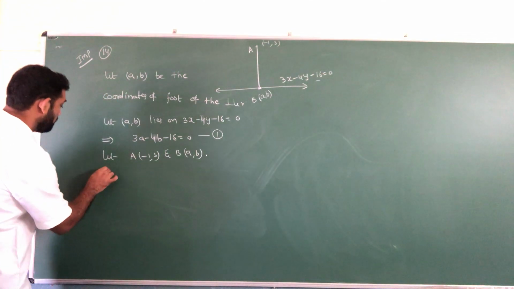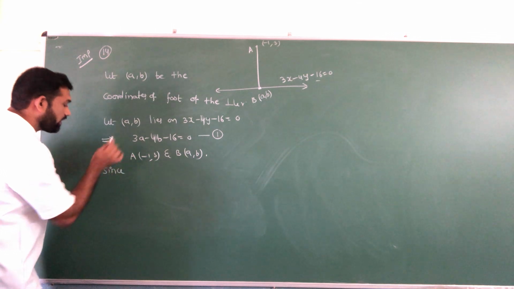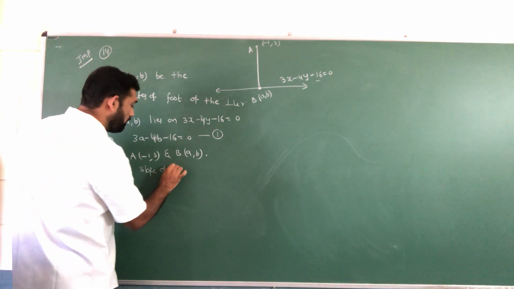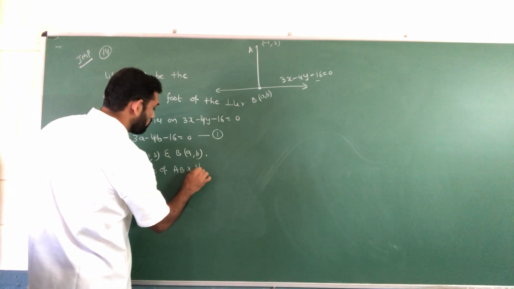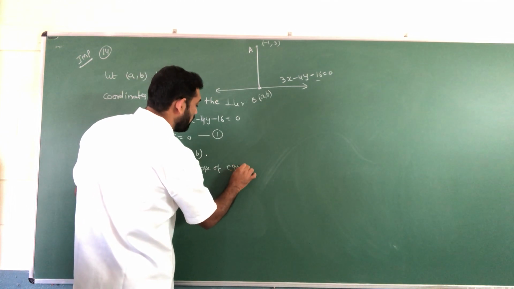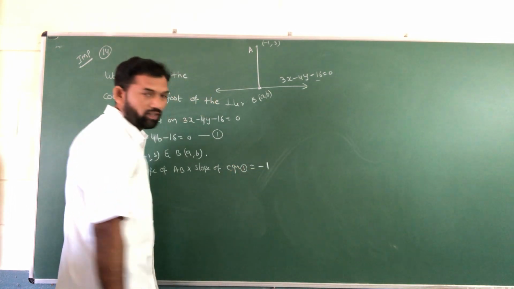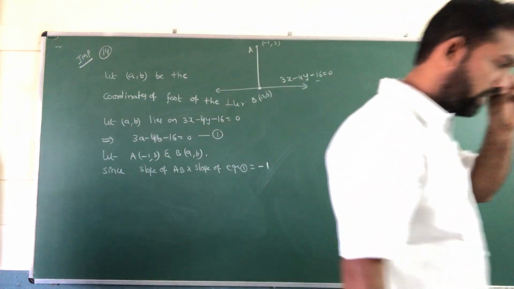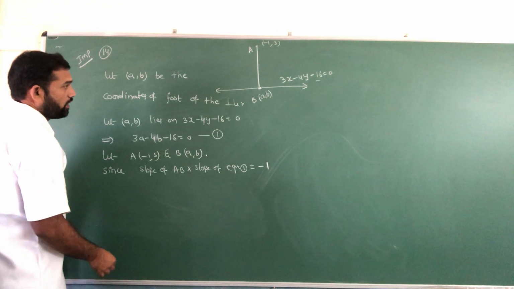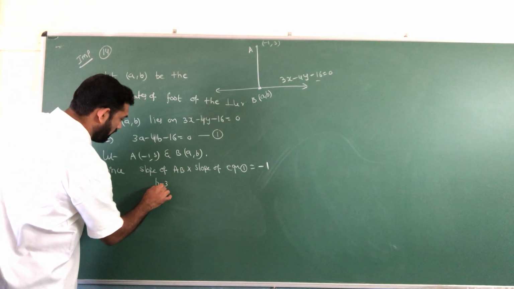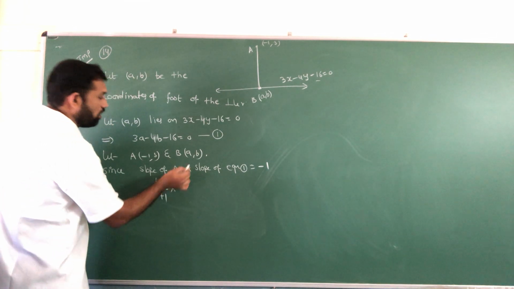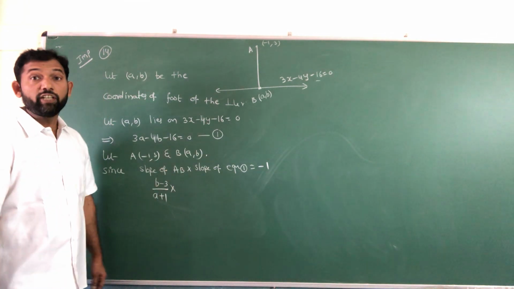Since both are perpendicular to each other, what is the condition? Slope of AB into slope of equation 1 is equal to minus 1. The slope of AB is (b minus 3) divided by (a plus 1), into the slope of equation 1.